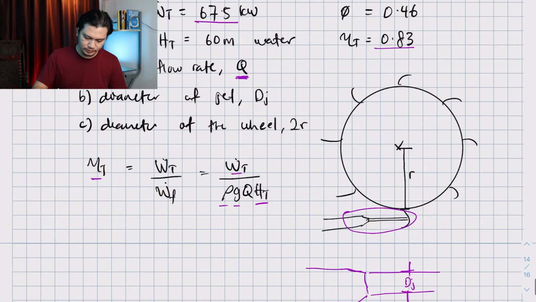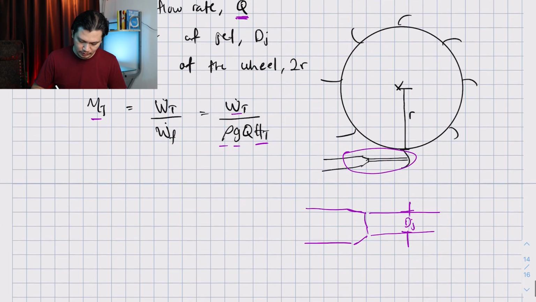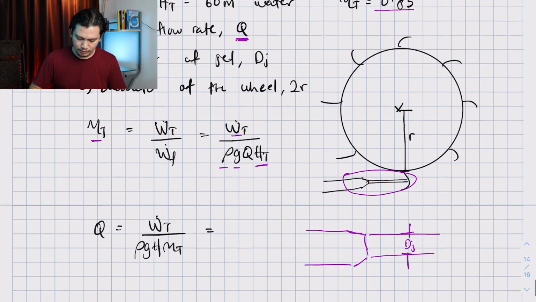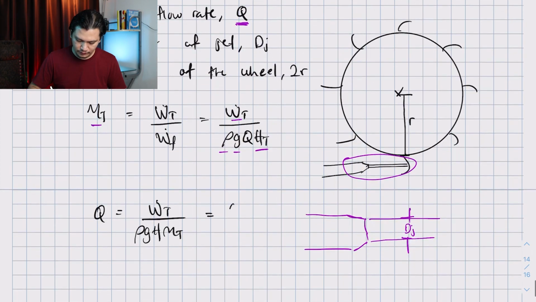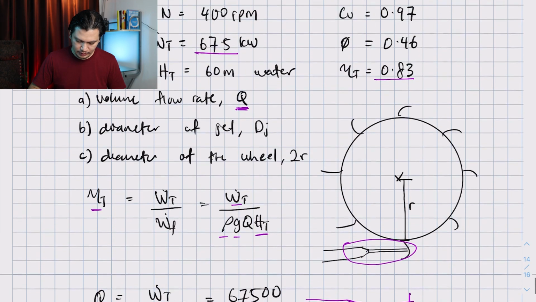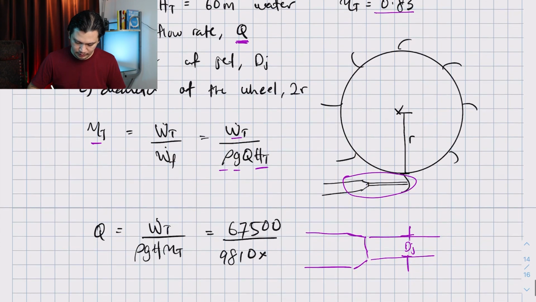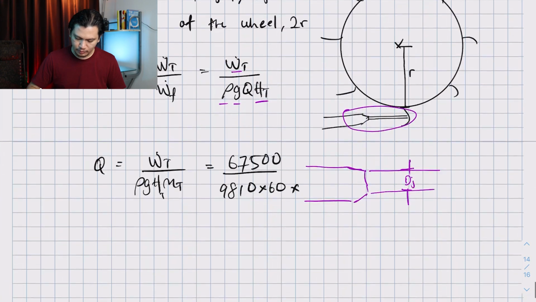So Q is equal to W dot T divided by rho G HT eta T, and this is 67500 divided by 9810 times HT, which is 60 meters, times eta T, which is 0.83.